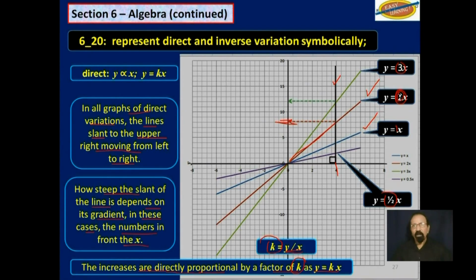That's a gradient. Or you could take this green line here. Increase in y is 12, divided by increase in x, which is 4, and so you get 3. And so on. 4 divided by 4, you will get 1 for that one. And this last one down here, 2 divided by 4, and you get half.